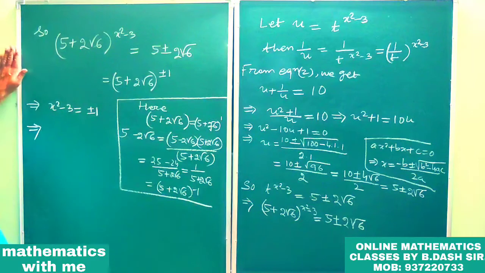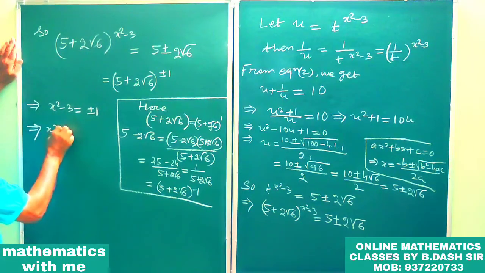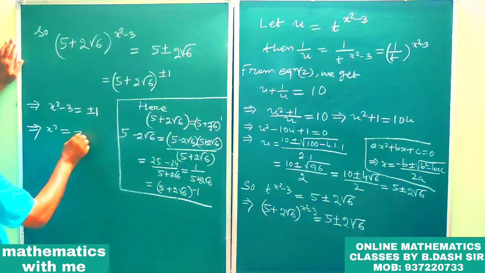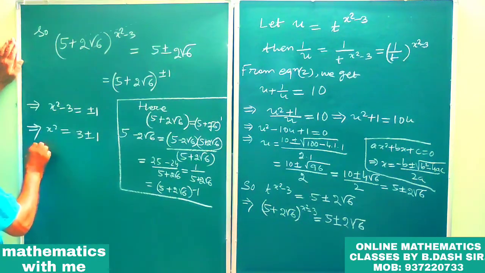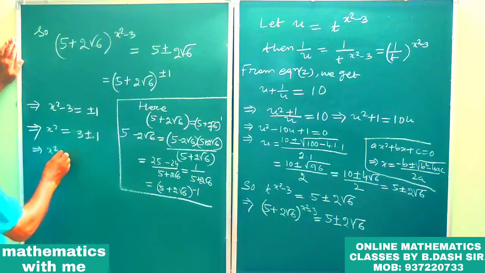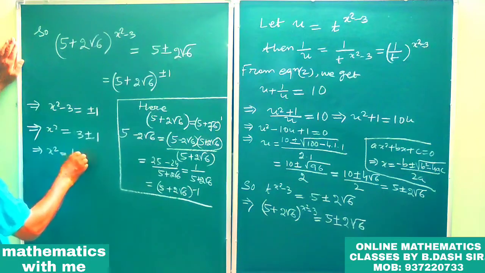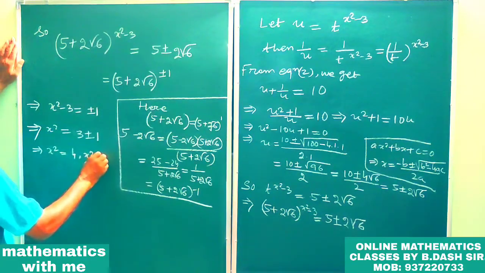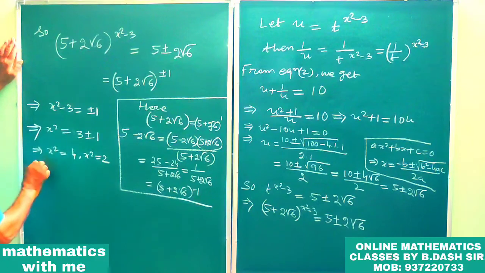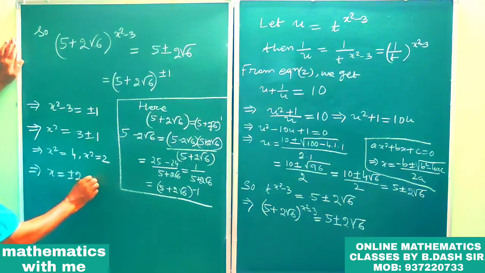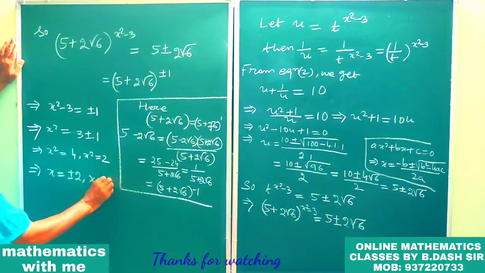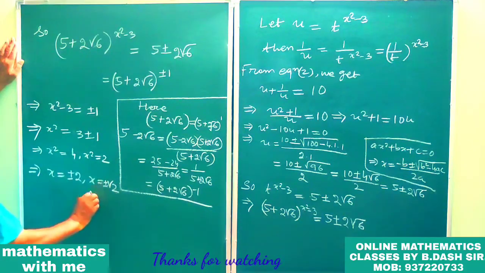Again this implies x square is equal to 3 plus minus 1, which implies x square is equal to 4, x square is equal to 2. This implies x is equal to plus minus 2, x is equal to plus minus root 2.